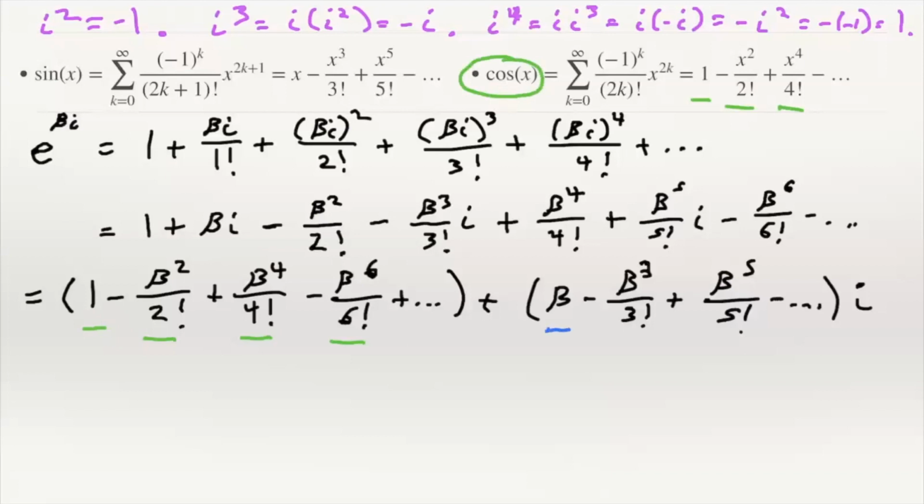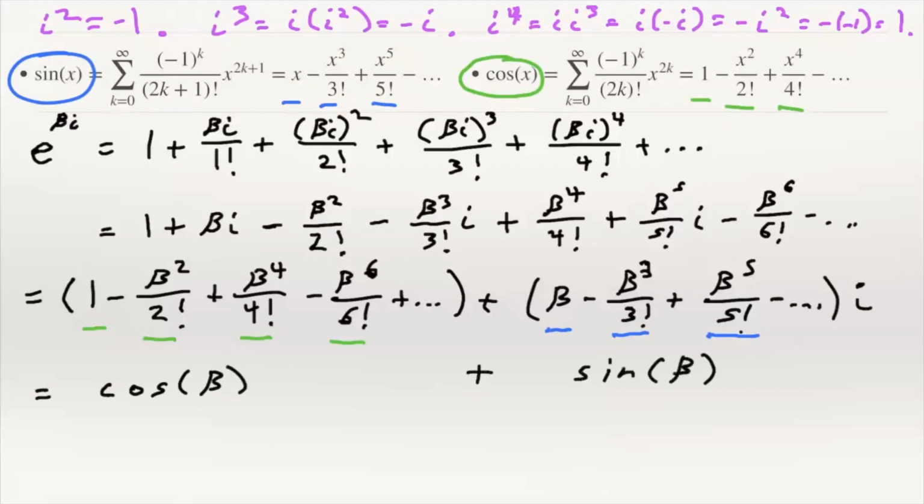And these terms, beta minus beta cubed over 3 factorial plus beta to the 5 over 5 factorial, like x minus x cubed over 3 factorial plus x to the 5 over 5 factorial, that is sine of beta. So this is cosine of beta plus sine of beta times i. That i is still there. So we have cosine beta plus i sine beta.